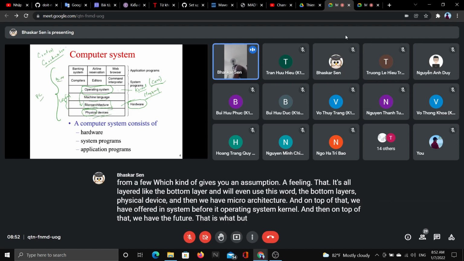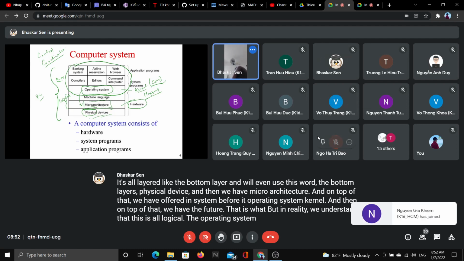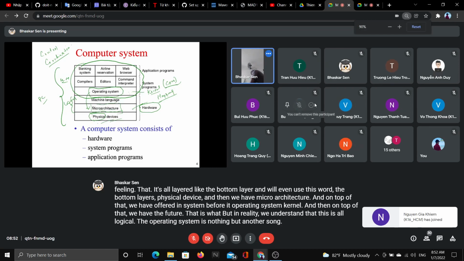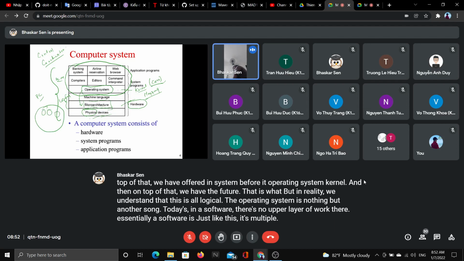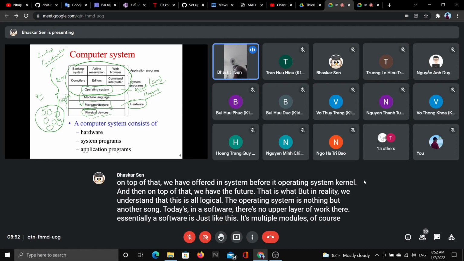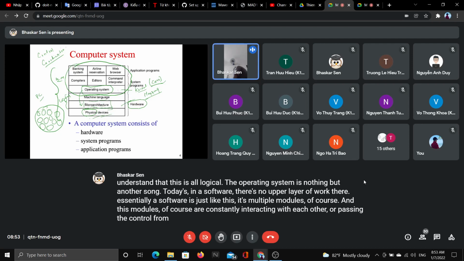But in reality, we understand that this is all logical. The operating system is nothing but another software. So in a software, there is no upper layer or bottom layer. Essentially, a software has multiple modules of code. And these modules of code are constantly interacting with each other, or passing the control from one module to another module.